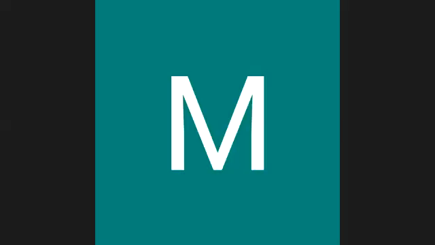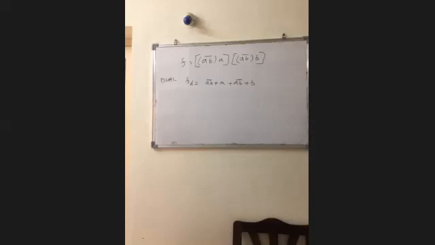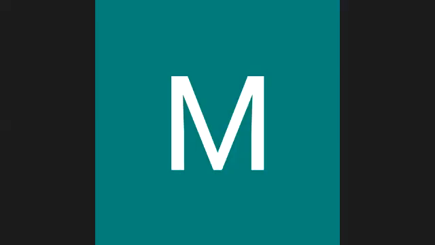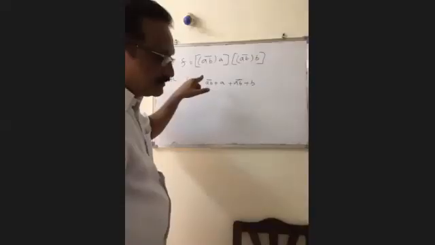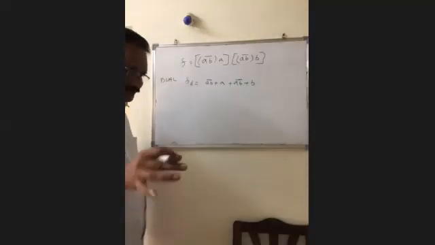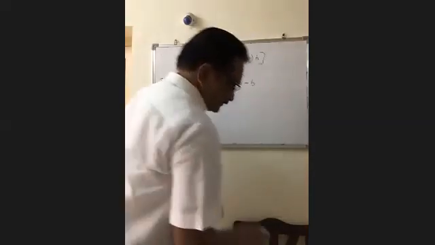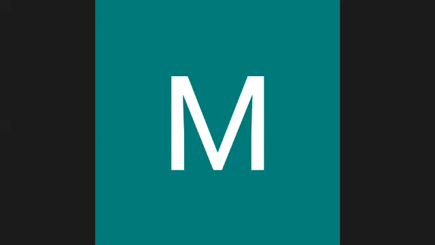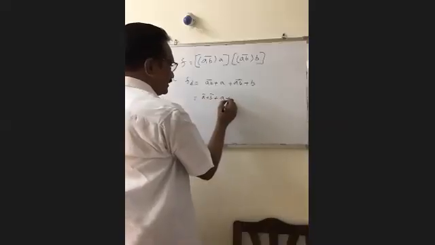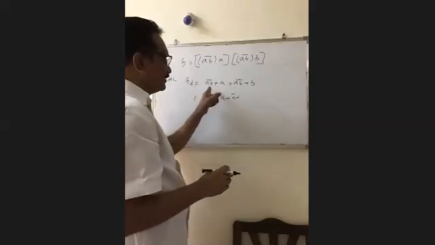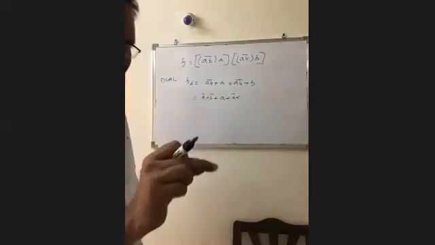Sir, a bar plus b bar, a bar plus b a b bar, whole, right, sir? (AB) whole bar equals A bar plus B bar, sir. Okay, and for the simplification, in the next step you have to write that as A bar plus B bar plus A bar plus, replacing (AB) whole bar, and X plus X is equal to X only.